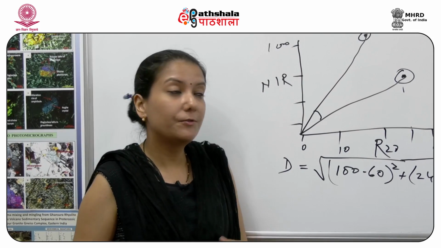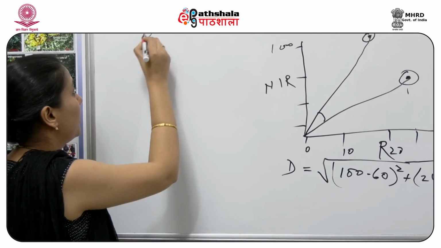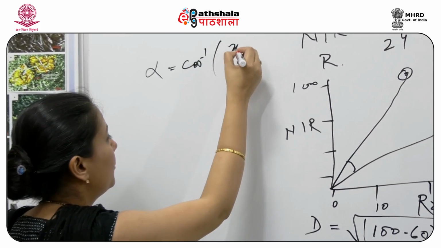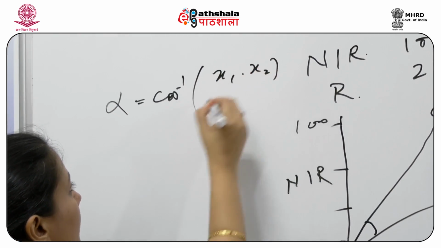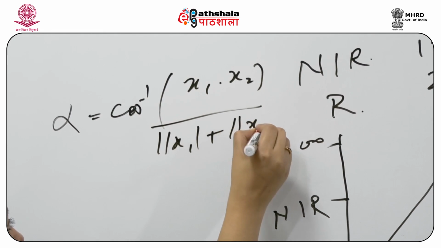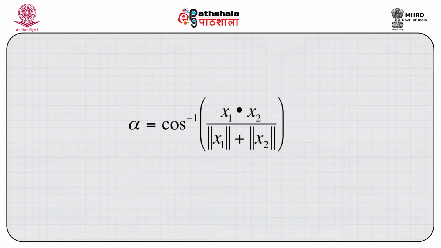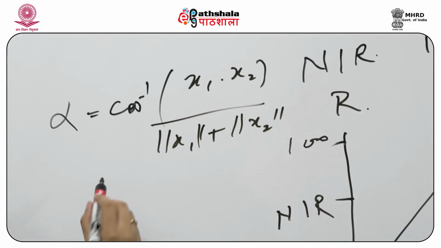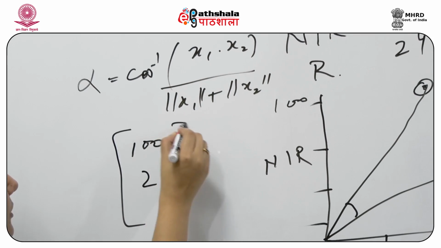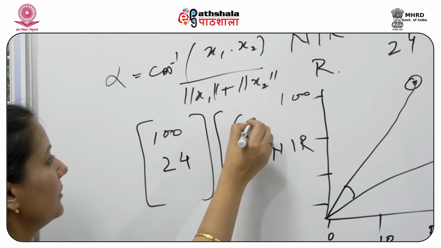So we use a formula where alpha is equal to cos inverse of the dot product of x1 and x2 upon x1 times x2. So here the dot product of x1 and x2 will be represented by matrix multiplication of this and this.